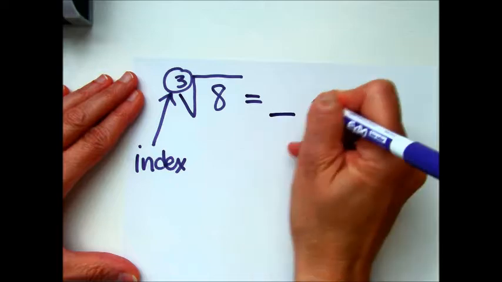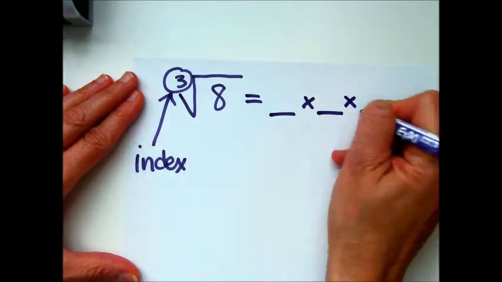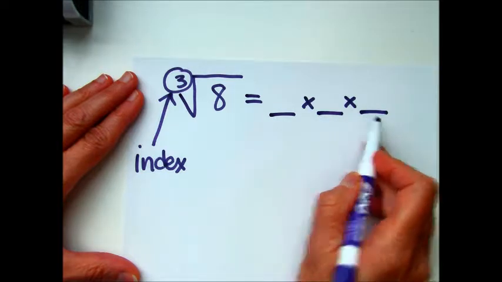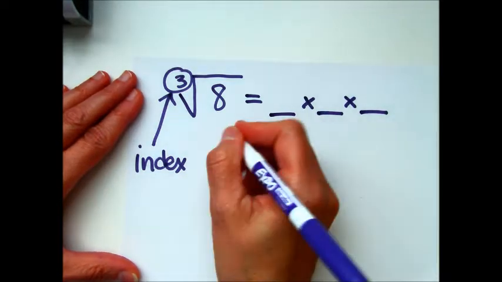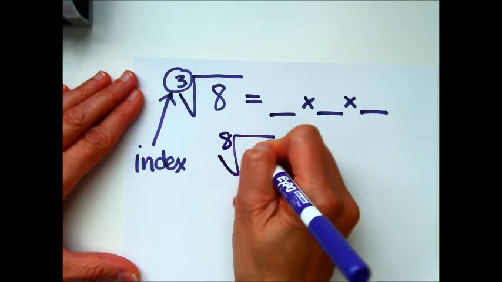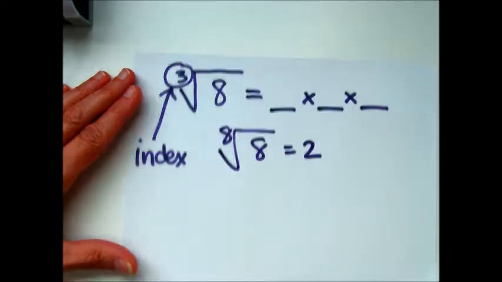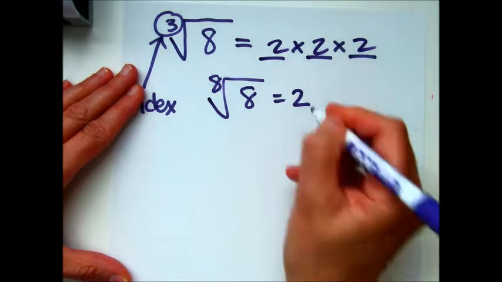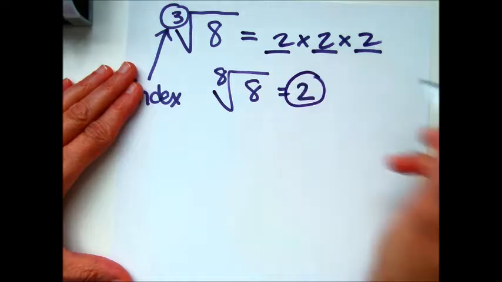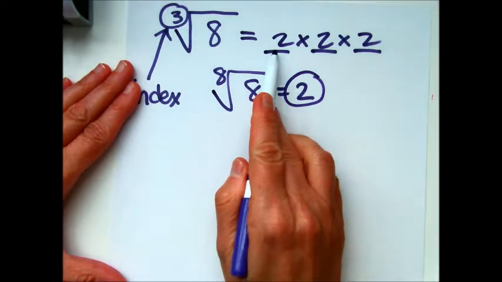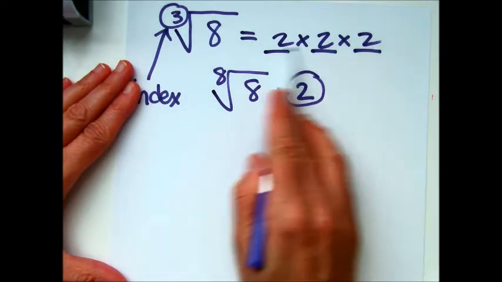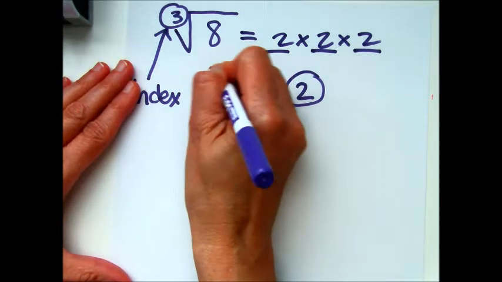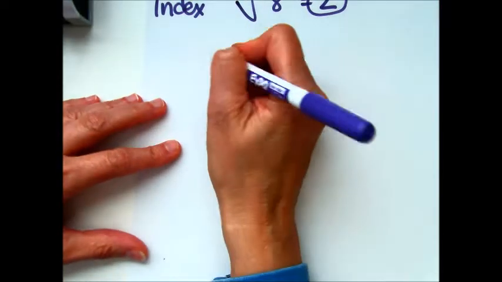Okay, so we're looking for a number that, when you multiply it 3 times, you're going to get 8. And so your answer is going to be 2, because 2 times 2 is 4, times 2 is 8. So the answer would just be 2. You wouldn't necessarily write it out as 2 times 2 times 2. This is just kind of proving that your answer is 2. Whoops, this should be a 3. Let's do one more like that.